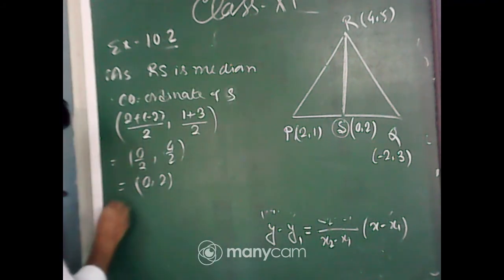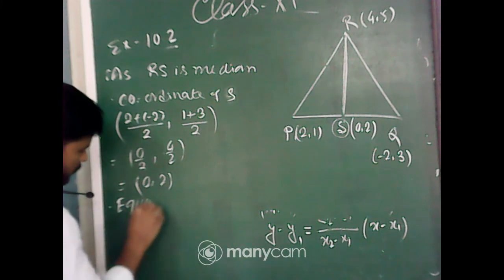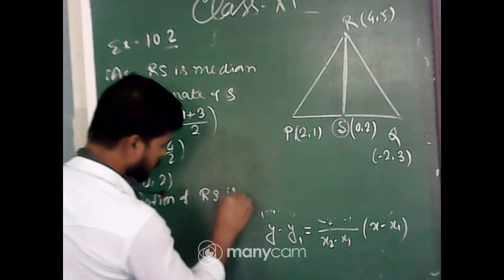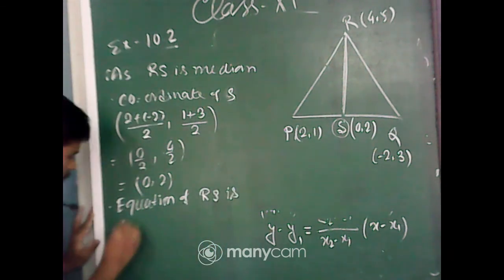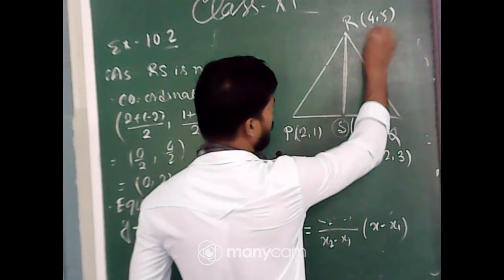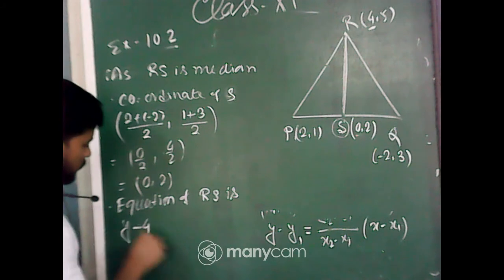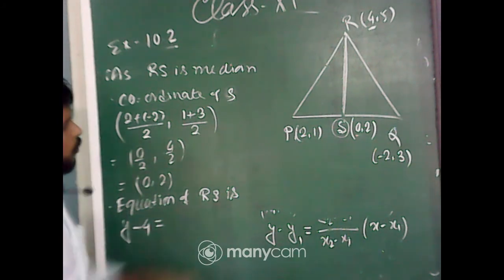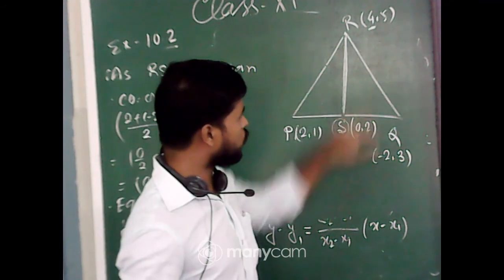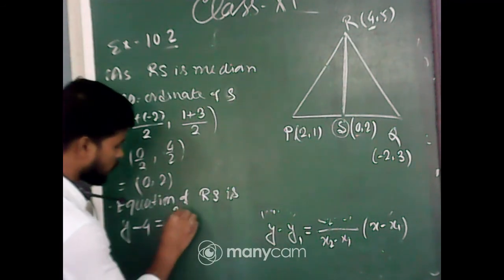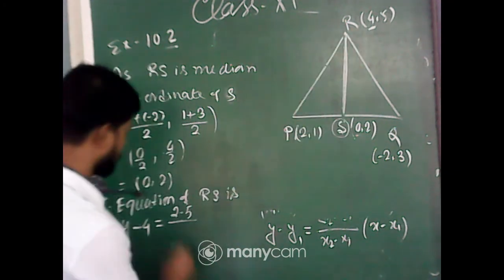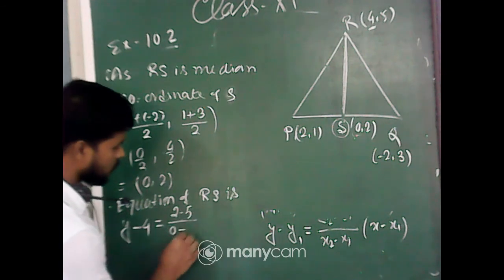So the equation of RS: the formula is y minus y1. We are taking this as y1. So y minus y1 is equal to (y2 minus y1), so this is y2 and this is y1, so 2 minus 5, divided by (x2 minus x1). x2 means 0 and x1 is minus 2.